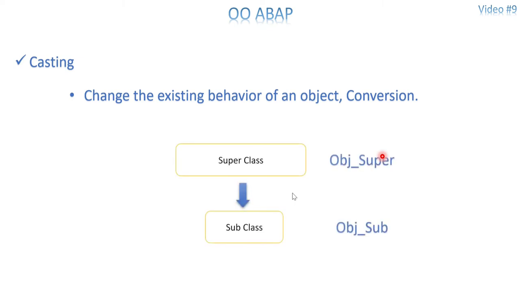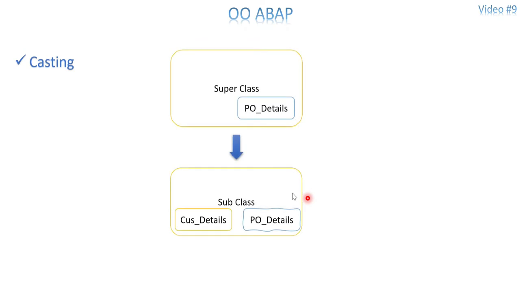First, I have a superclass and I have a subclass. This subclass inherits the objects from the superclass, and I have its own object, the superclass object and the subclass object. The superclass has its own method called PO details.